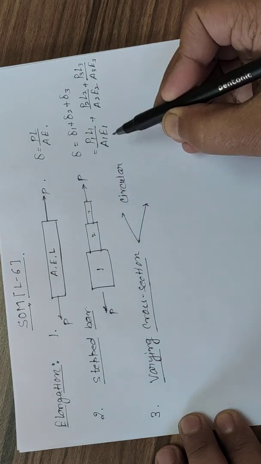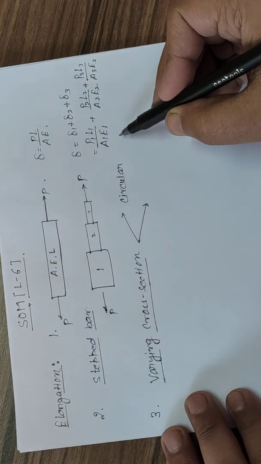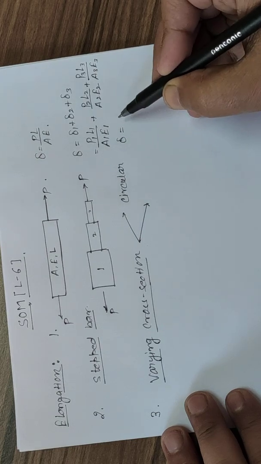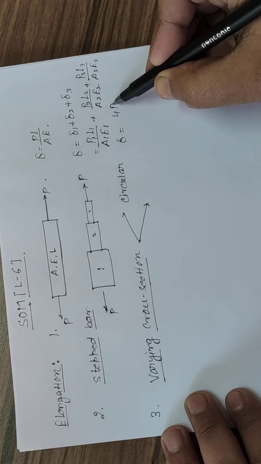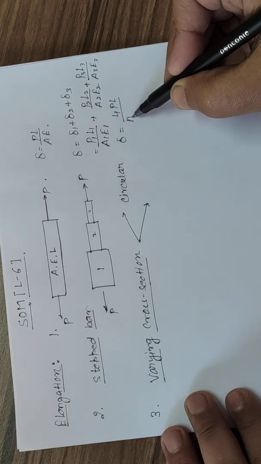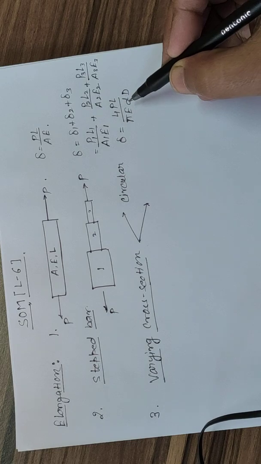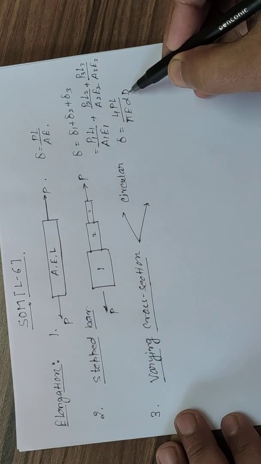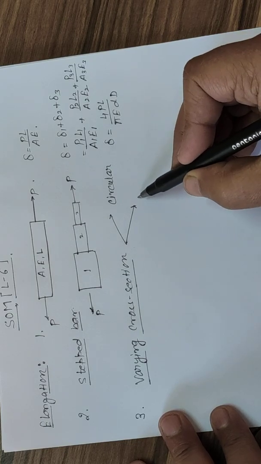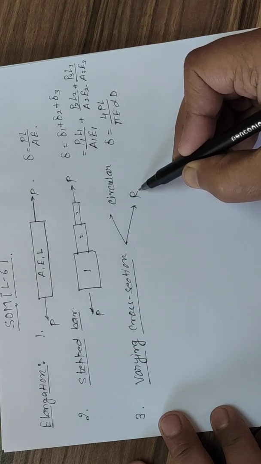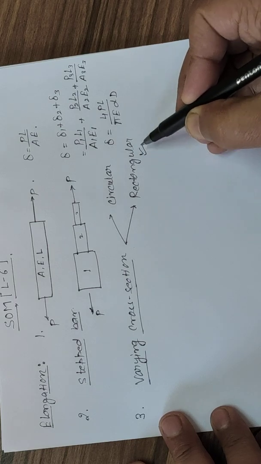When the cross sectional area is circular, then the elongation which we have already calculated is del is equal to 4PL divided by pi E d D, where L is the length, P is the load applied, the smaller section diameter is d and the larger section diameter is capital D. Now the next case is when the cross sectional area variation is rectangular.